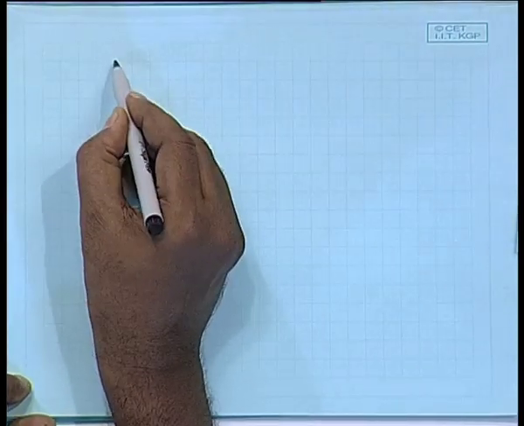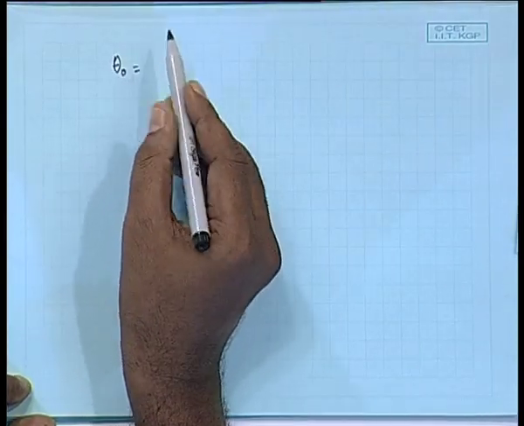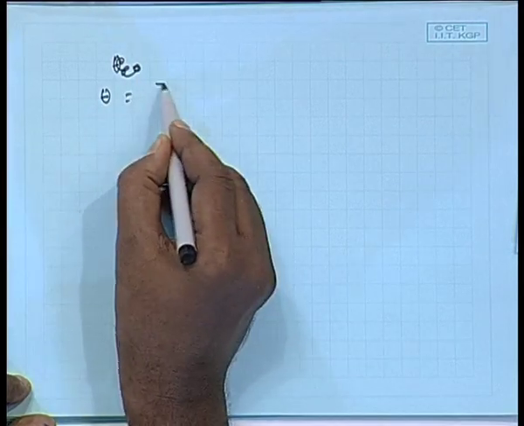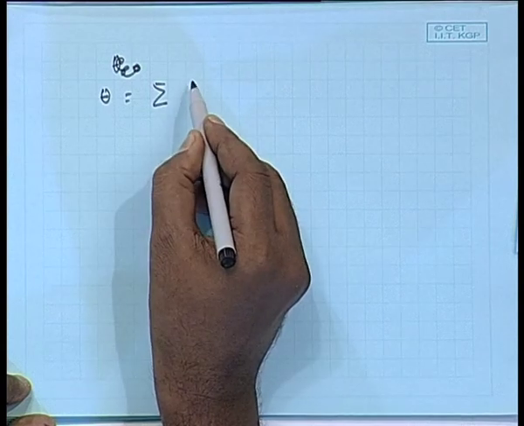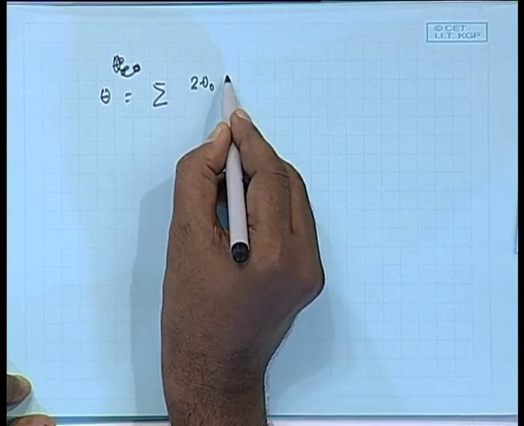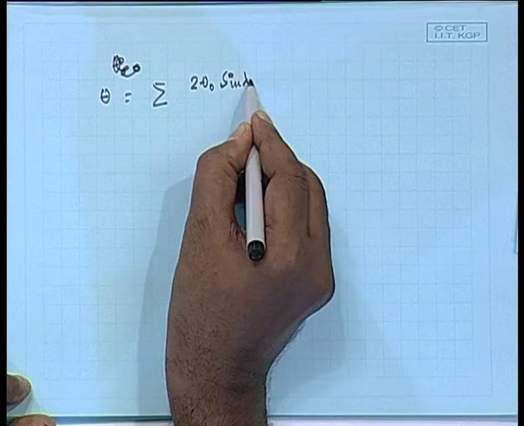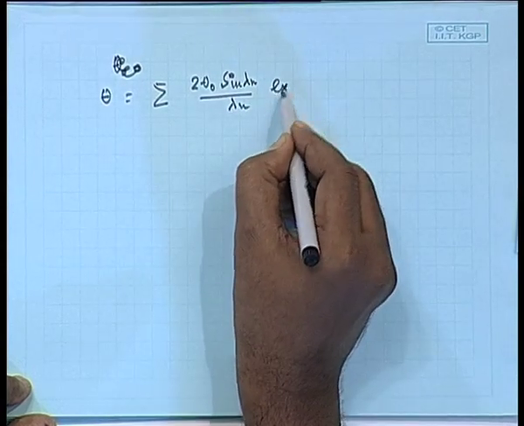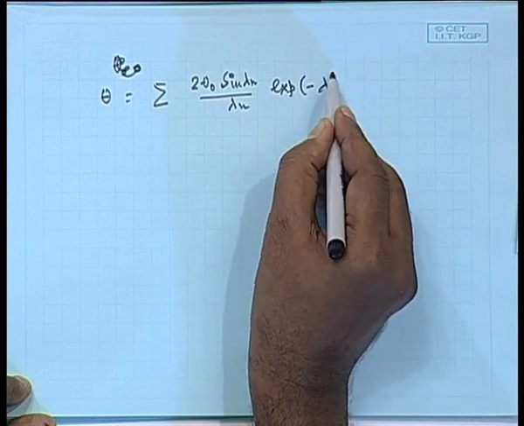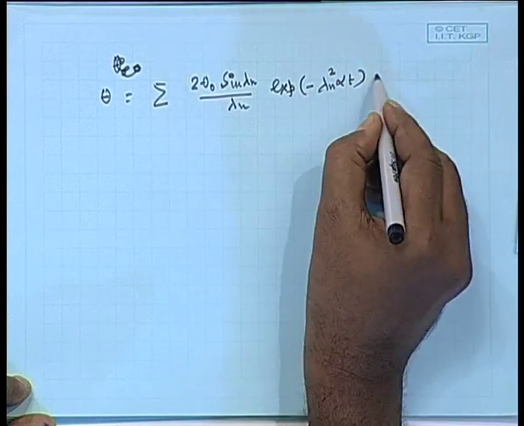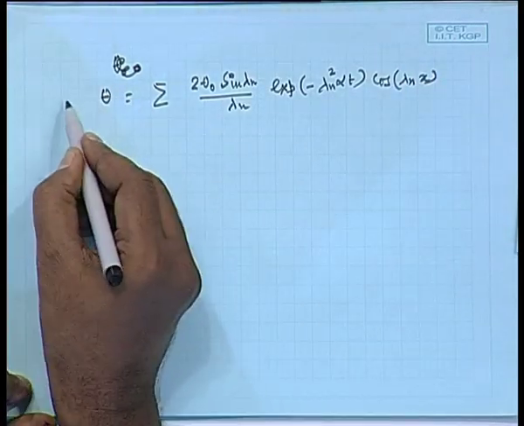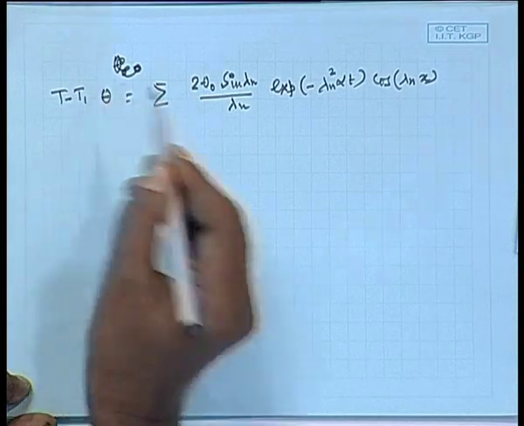So, your theta is the summation of Cn, which is 2 theta 0 sin lambda n over lambda n, exponential minus lambda n square alpha t cosine lambda n x, and theta is nothing but T minus T1, right.